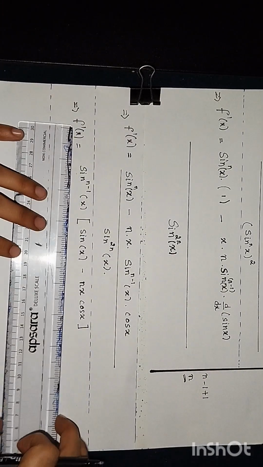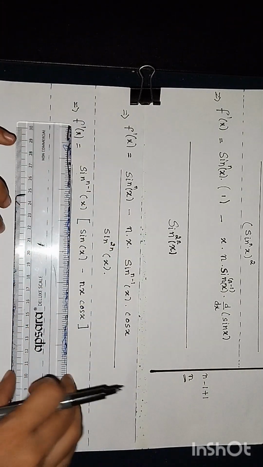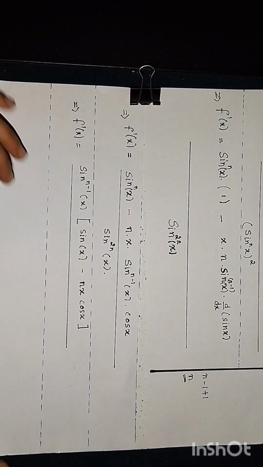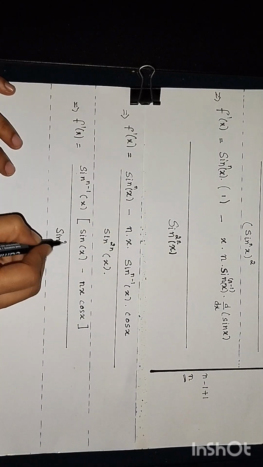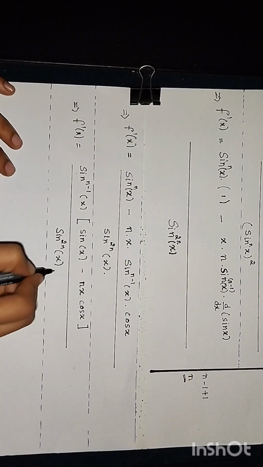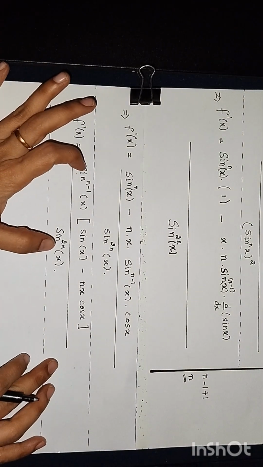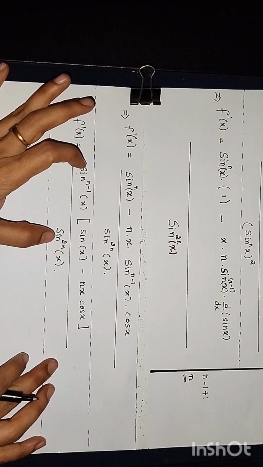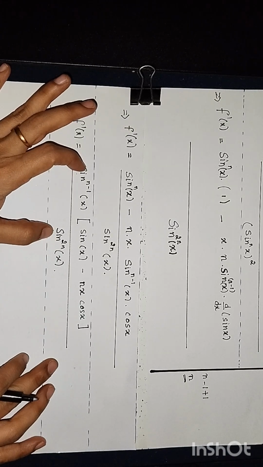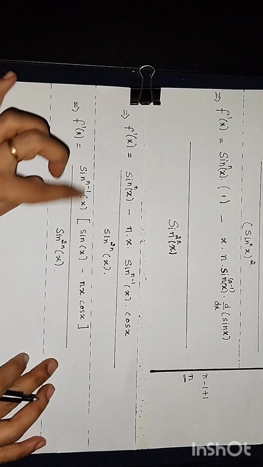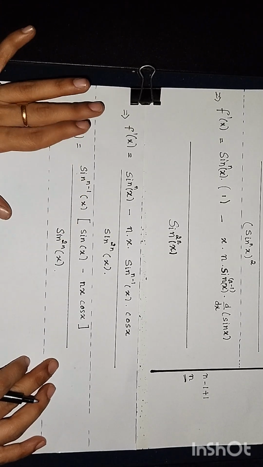Then divided by sine to the power 2n x. Now we have the same sine terms in the numerator and denominator, but with different powers. How are we going to solve this?